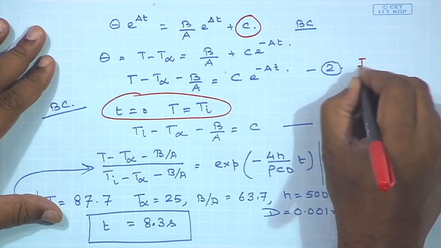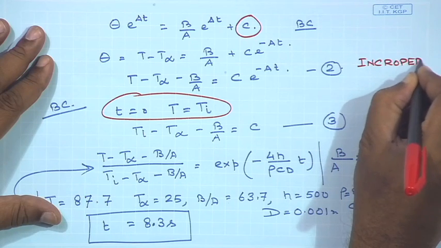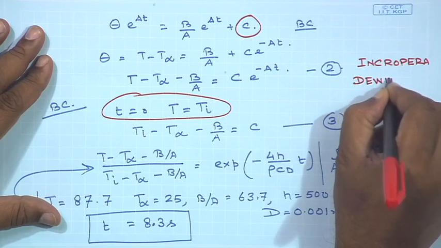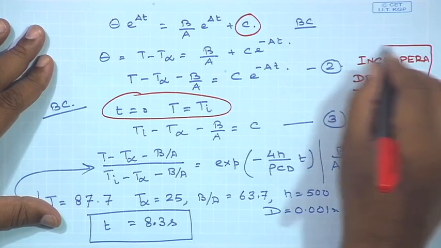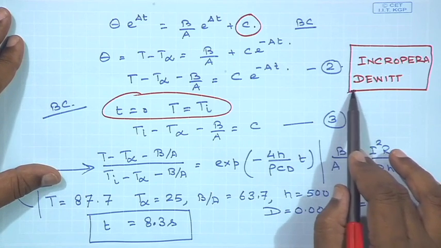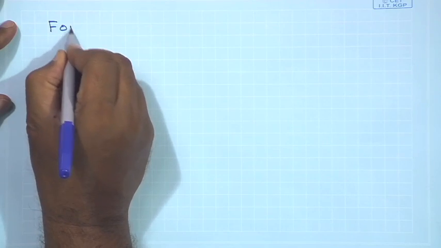This specific part I have used from the book of heat transfer by Incropera and DeWitt. The entire transient conduction part you should be able to find in the book of Incropera and DeWitt.